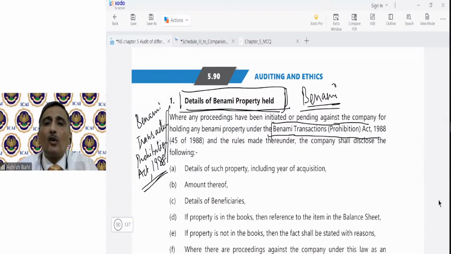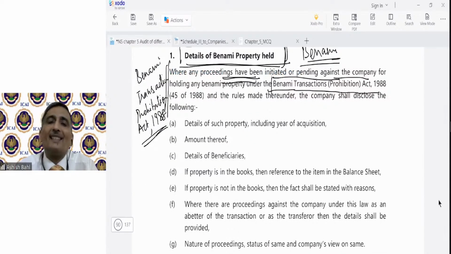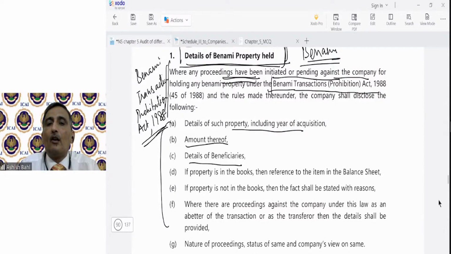that where any proceedings have been initiated or pending against the company under this Act for Benami property, then following disclosures have to be made, like detail of such property, detail of beneficiary, amount thereof.